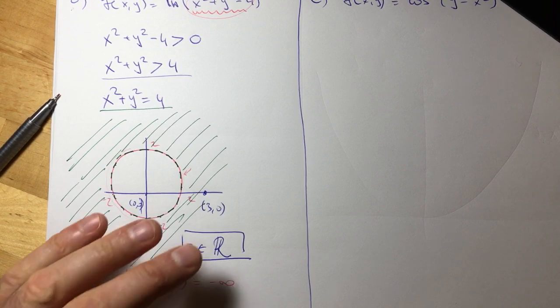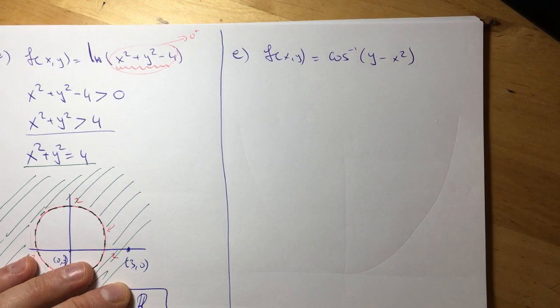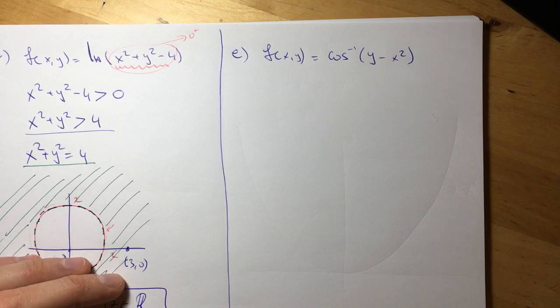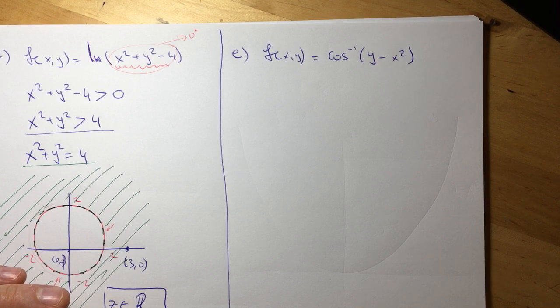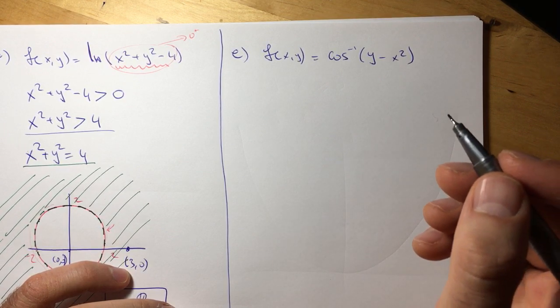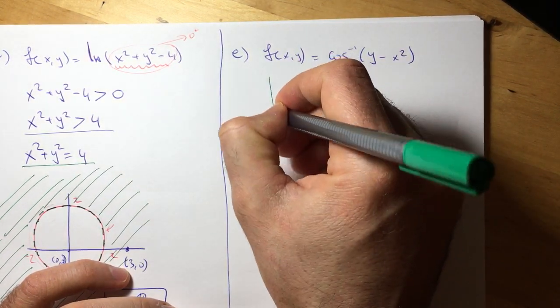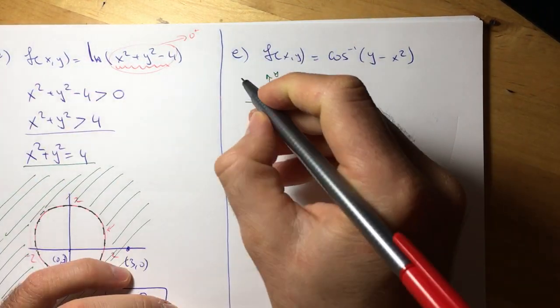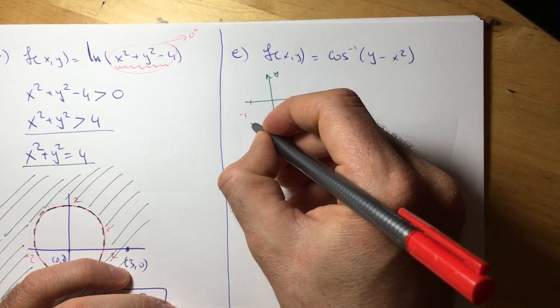And the last example, f of x y being equal to arccosine of y minus x squared. Okay, so recall in single variable calculus that the arccosine function is defined for inputs between -1 and 1.